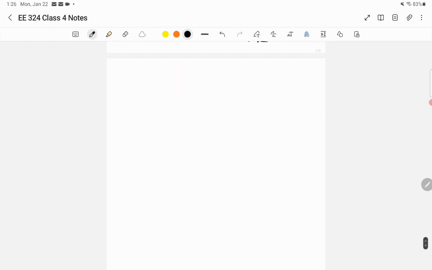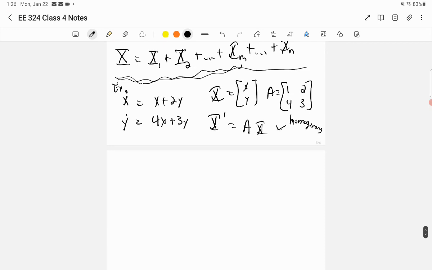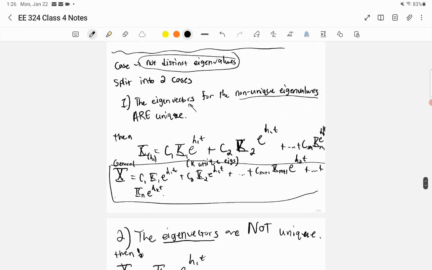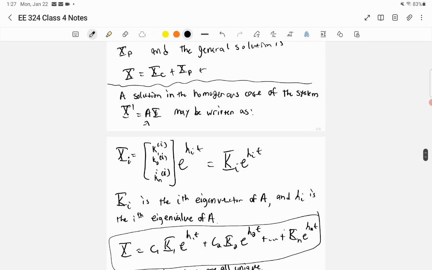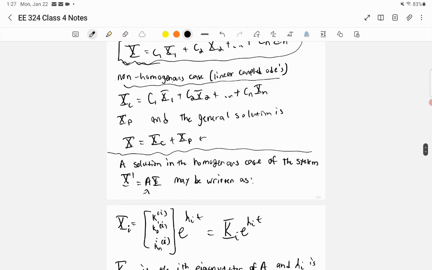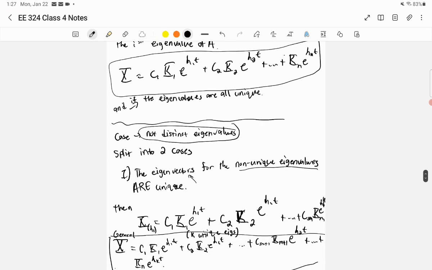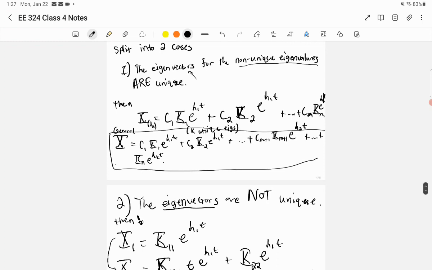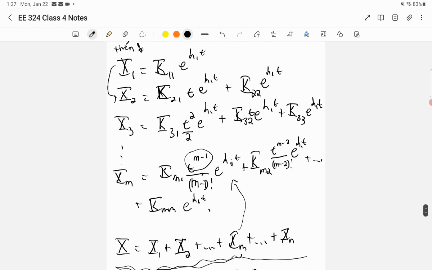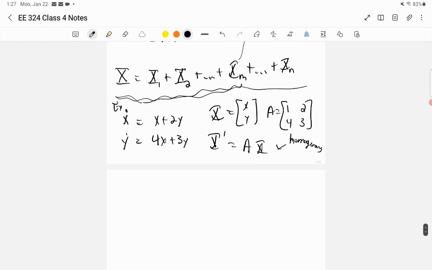And there are ways to deal with non-homogeneous ones. But we're not going to see much of that because there's actually some interesting cases here that we are going to be dealing with. We're going to obviously have the case of unique eigenvalues. We're going to have the case of non-unique eigenvalues, and then we're also going to have the case where at least some of the eigenvalues are complex.